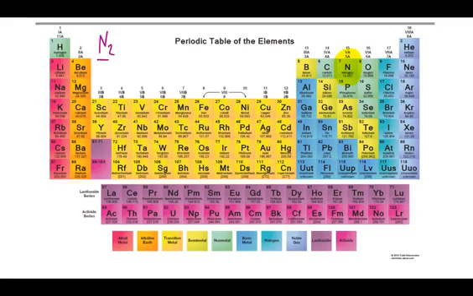So we know that nitrogen has a mass, where it says here, of 14.007 atomic mass units, which we label U. Now, we know that's what one nitrogen weighs, but the formula N2 tells us that there's 2 nitrogens.